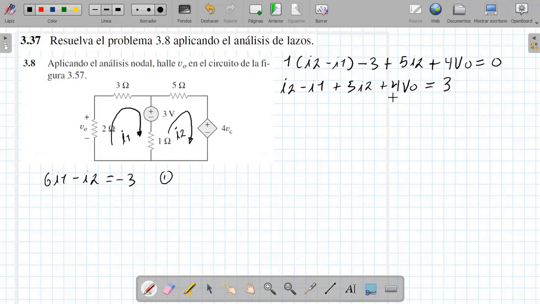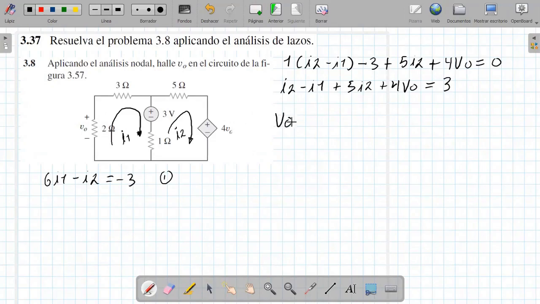Note that we need to convert V sub 0. Let's look at what V sub 0 is equivalent to. V sub 0 is equivalent to the voltage in the 2 ohm resistor. We observe that the polarity of the V0 resistor is plus up, minus down, and I am taking the current going up.